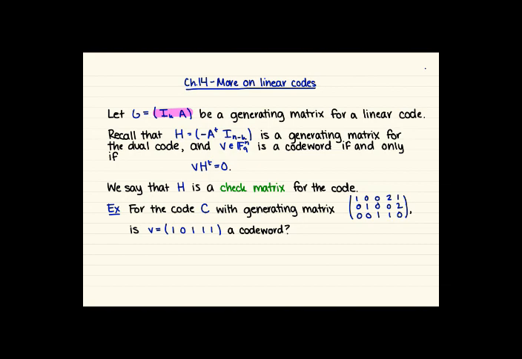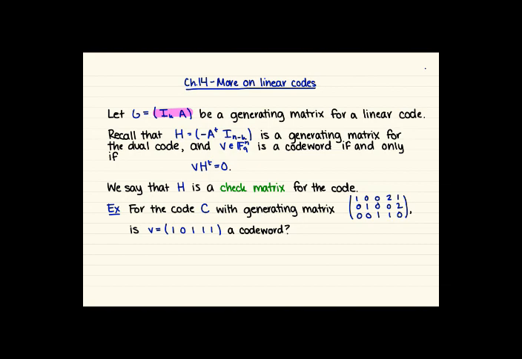We can use this matrix to figure out if vectors are code words in the original code by checking if V times H transpose is equal to 0. So in addition to being a generating matrix for the dual code, we say that H is a check matrix for the original code as well.